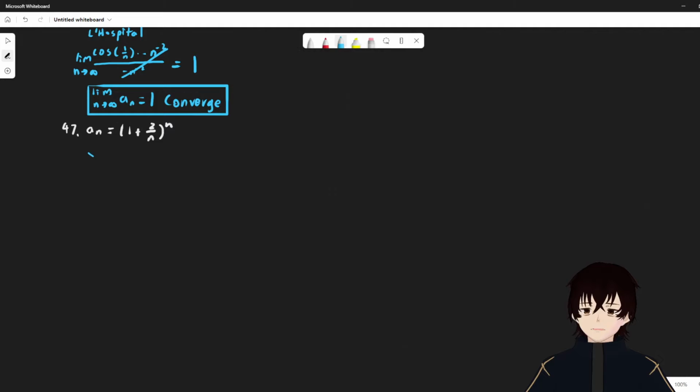How about this? Y is equal to 1 plus 2 over n to the power of n. Natural log of y is equal to n times natural log of 1 plus 2 over n.